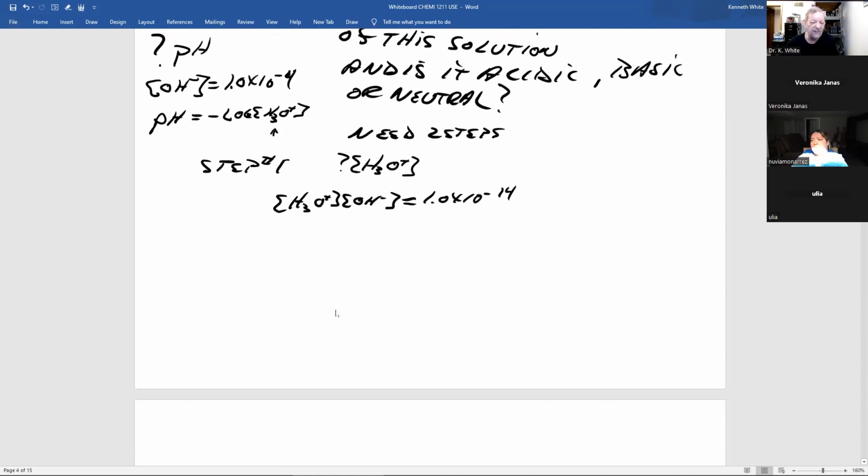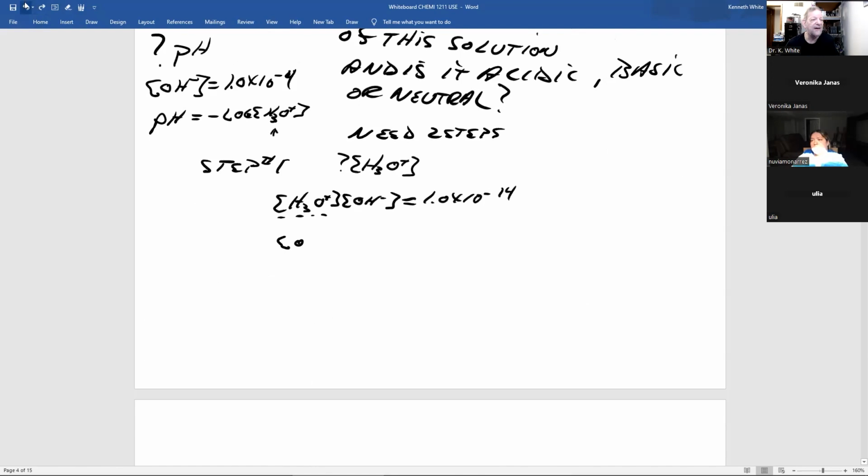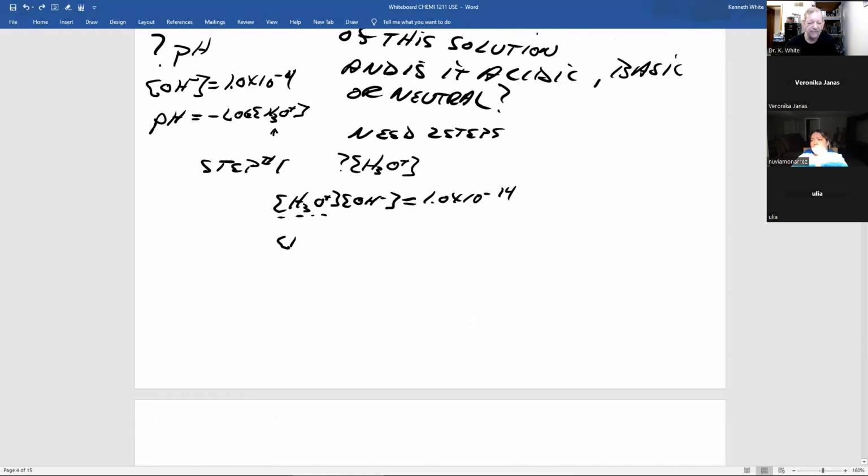And if I'm solving for hydronium ion concentration, I want it alone on one side.